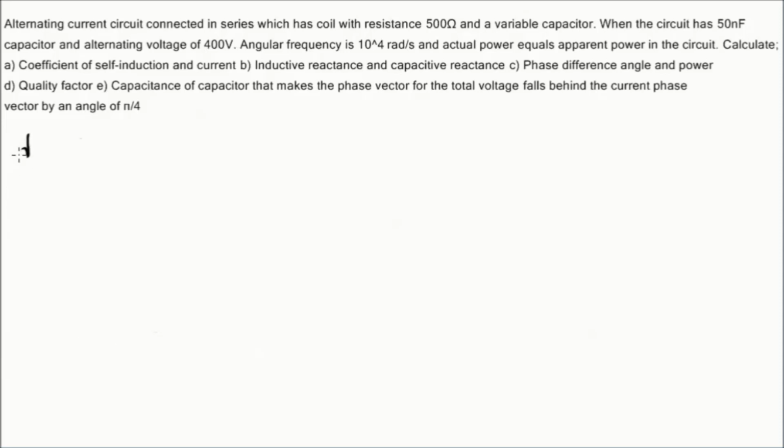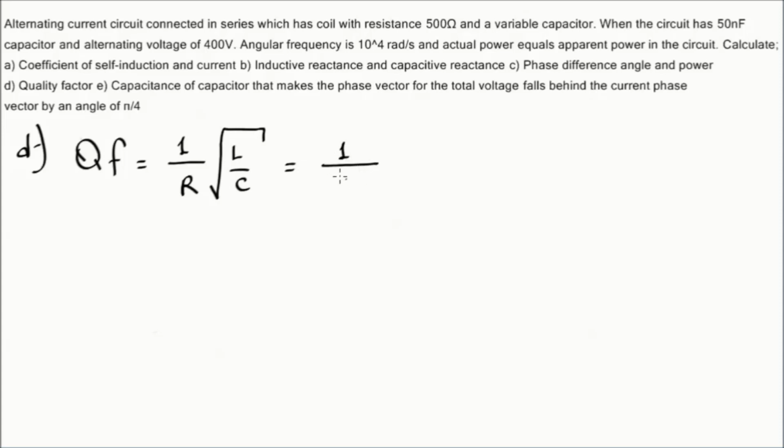And D says calculate the quality factor. The quality factor formula is equal to 1 over R times the root of L over C. So 1 over R is 1 over 500, times the root of L, which is 0.2, over 50 times 10 to minus 9.